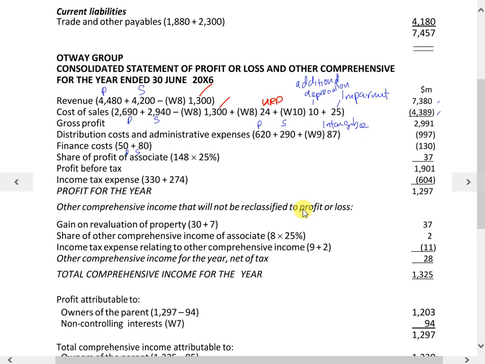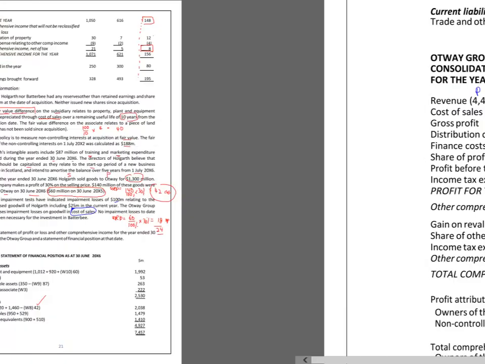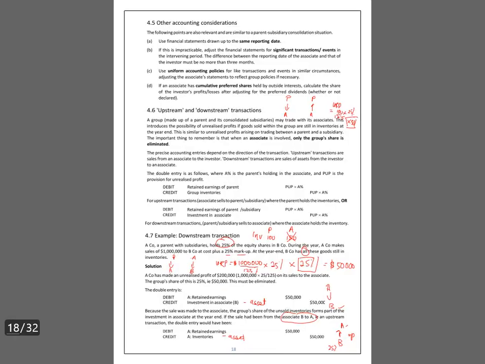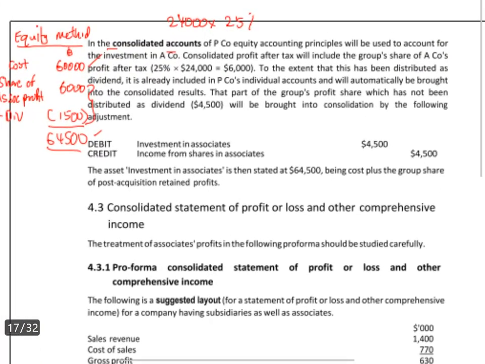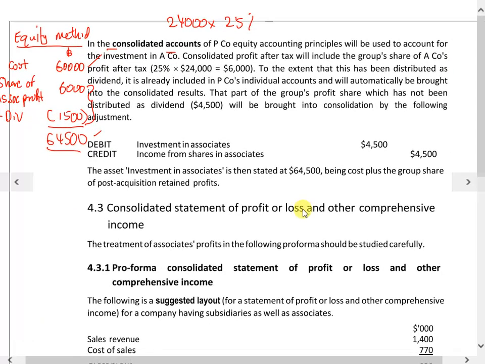Okay, what's the double entry to record this 37? It's an income, correct? So I'm definitely going to credit my income. Where do I debit? Remember this one? When I make a profit here, 24, I own 35%, and of course the question says no dividend.